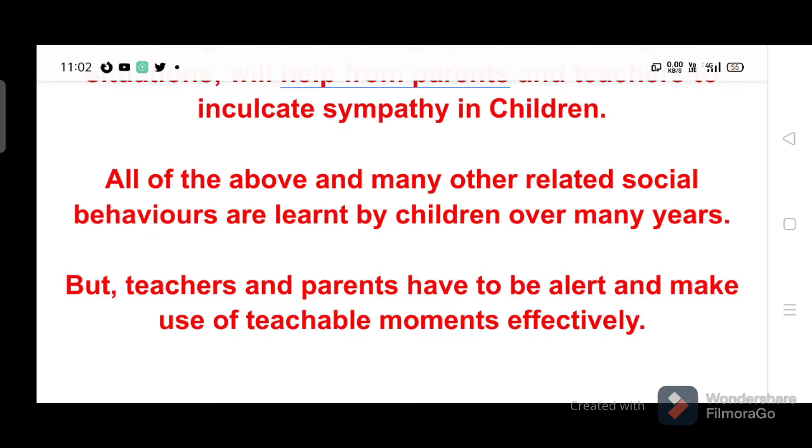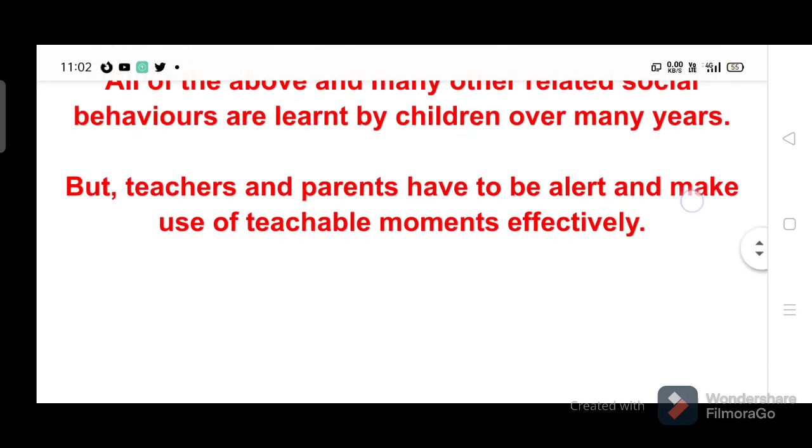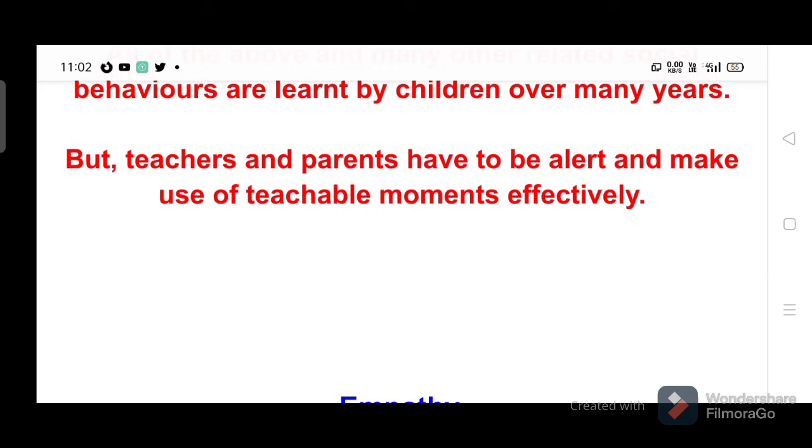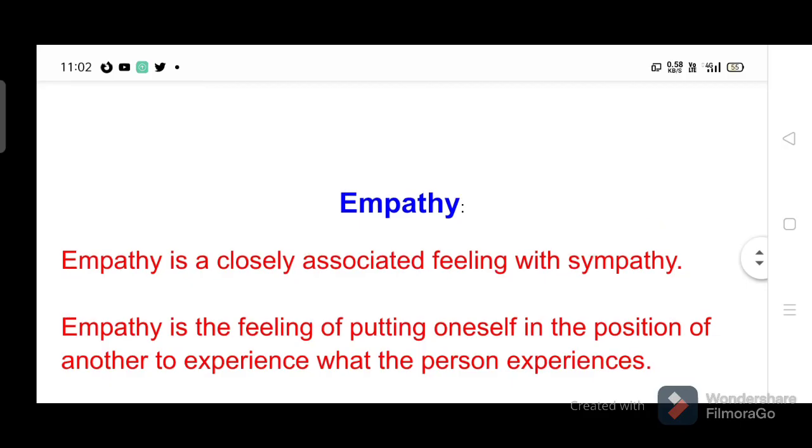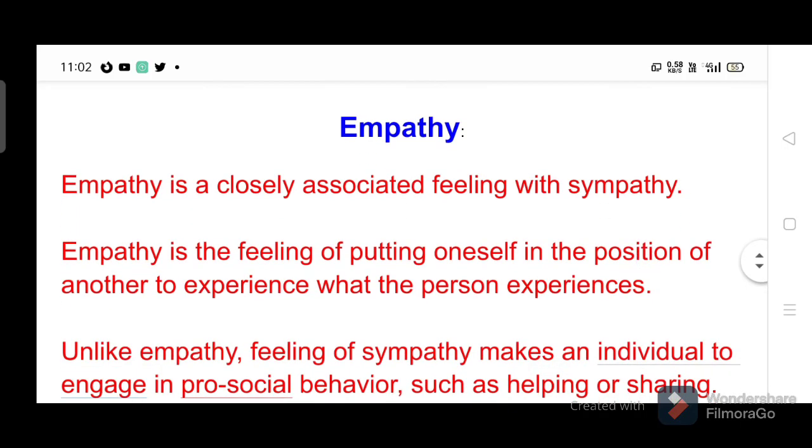They are not learned at once, but the teachers and the parents have to be alert and make use of the teachable moments whenever they come, whether in the school or at home, to inculcate the feeling of sympathy among children. So this is about sympathy, and the next is empathy.